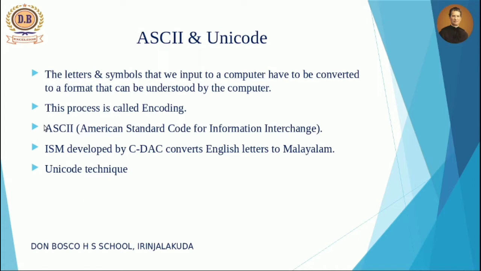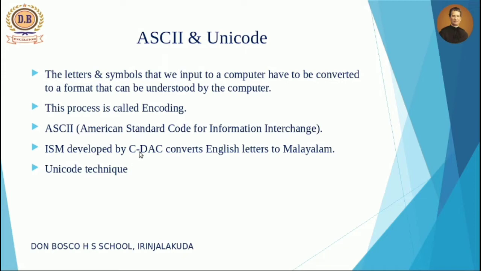So first, the encoding technique was called ASCII. In that, only English letters and some symbols could be encoded. And after that, as a solution for this, the CDAC agency developed a software called ISM. Here also the font is visible as Malayalam, but it is encoded as English letters. So we can't search or find certain words in the input data.